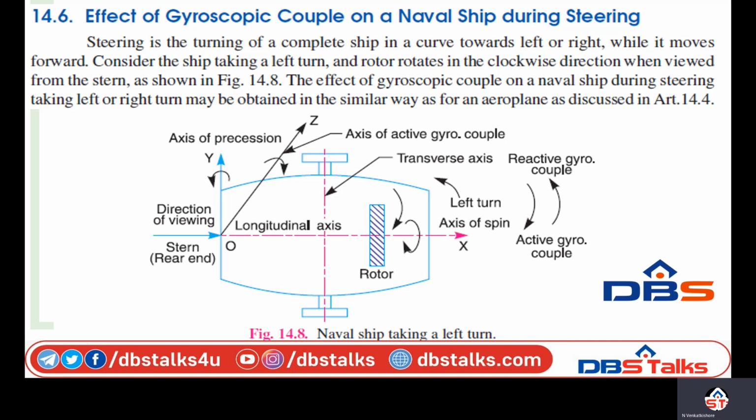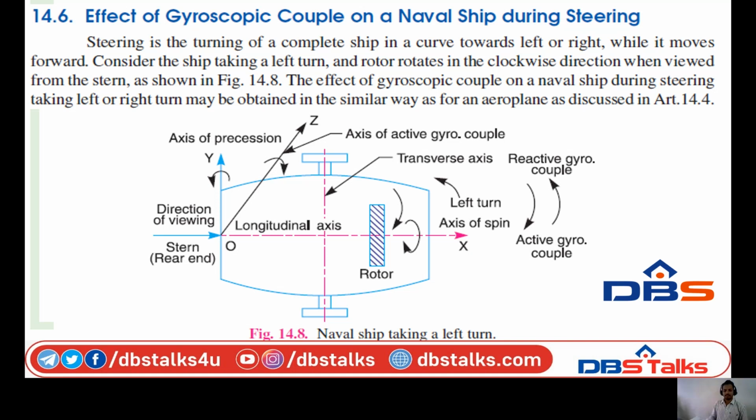The couple acting in the left turn is opposite to the right hand turning. So during the right turning of a ship, raising the stern and lowering the bow helps move the ship in a smoother manner.